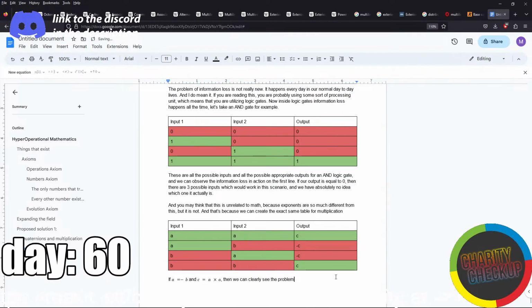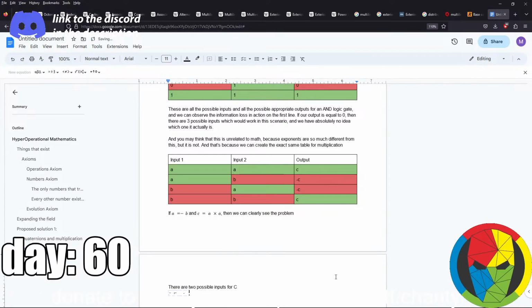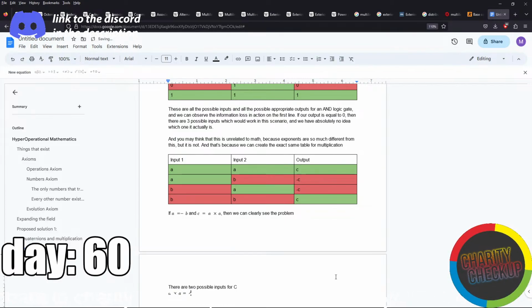There we go. Do you see the problem? There are two possible inputs for C, because that could be either A times A or B times B, which means that we experience information loss.